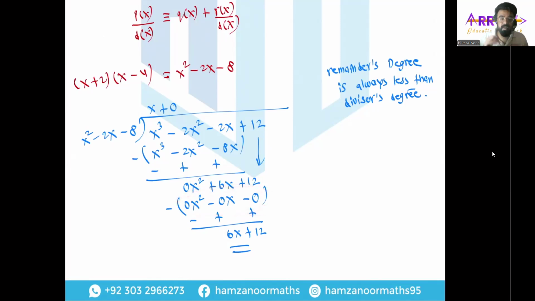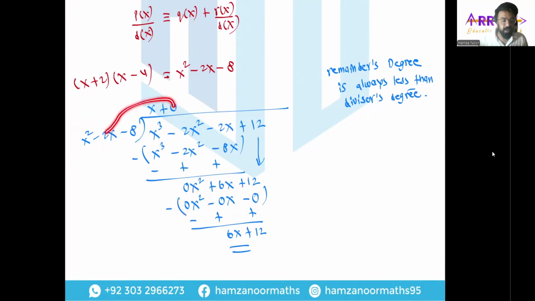But just for the sake of formality, you ask yourself by what term you multiply x square such that you get 0x square. Obviously, you multiply it with 0. So 0x square comes underneath exactly 0x square.